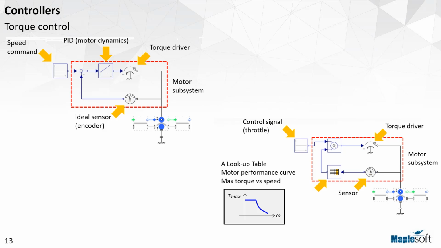From your sensor, it goes to your lookup table, and then that matching torque is combined with a throttle, and that signal is fed to your torque driver, again providing the torque signal to your nip roller.